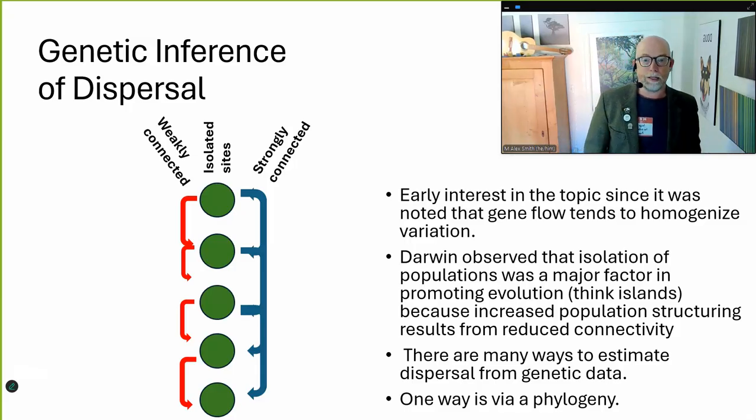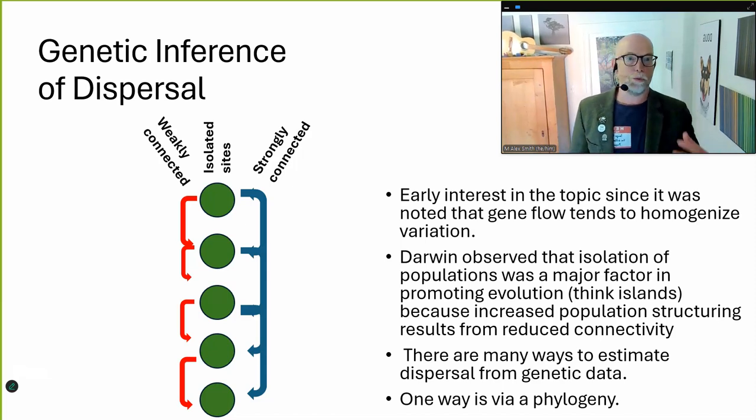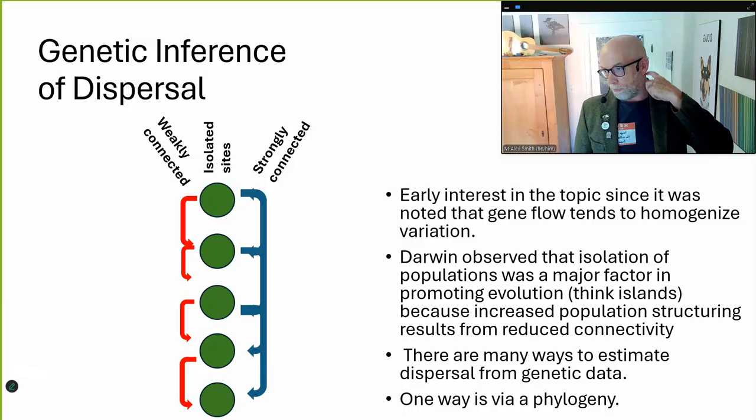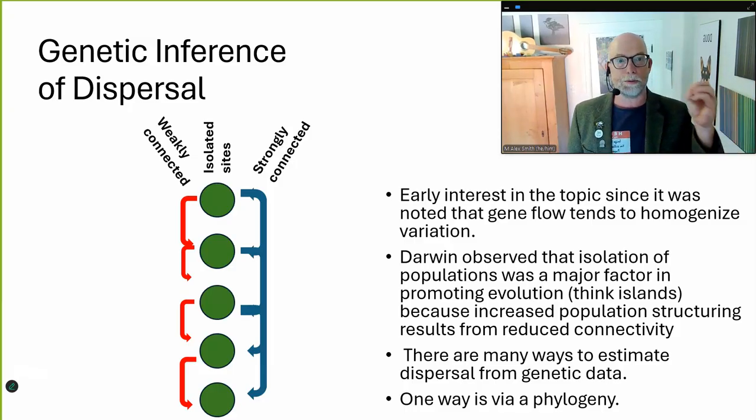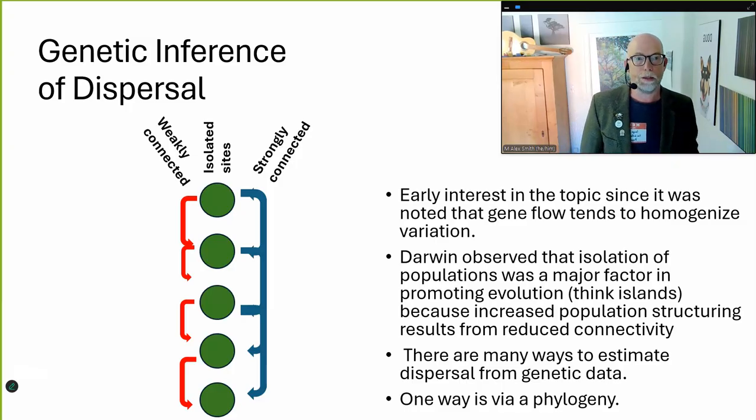Darwin observed that isolating populations was a major factor in promoting evolution. Think about his work with breeding populations, domesticated birds, but also think about islands and the importance of islands to him coming up with evolution via natural selection.